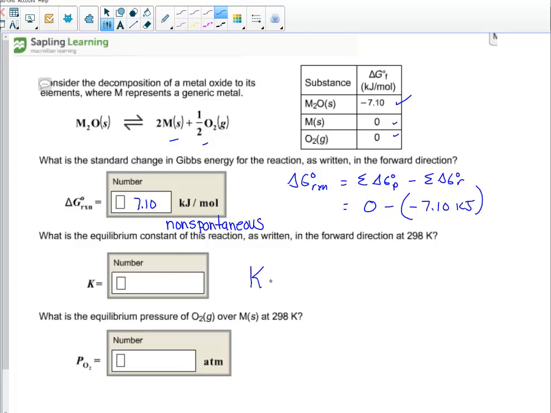Well, K is equal to Euler's number E raised to the negative of delta G over RT. We just practiced one of those.